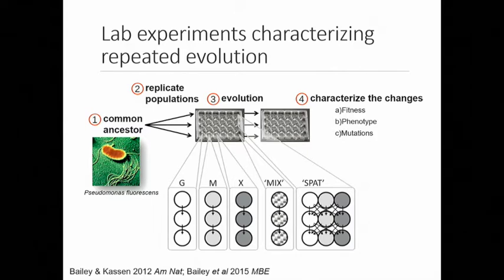And what I did was I varied the resources that were available for the bacteria to eat. So I had different sugars available. In my simple environments, we have 3 different simple sugars: glucose, mannose, and xylose. And then in my more complex environments, I had a mixture of those 3 resources.